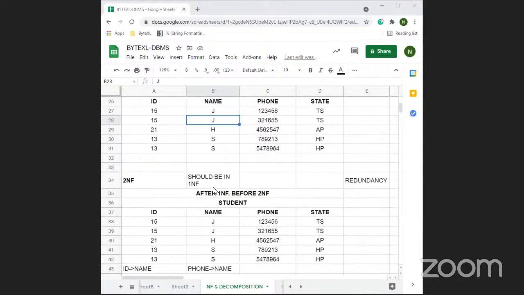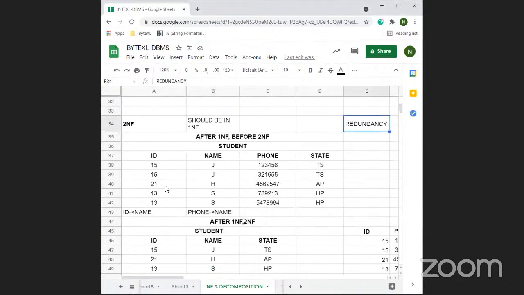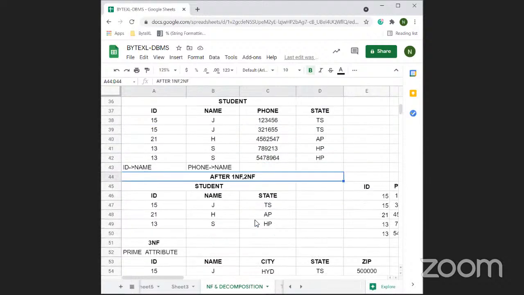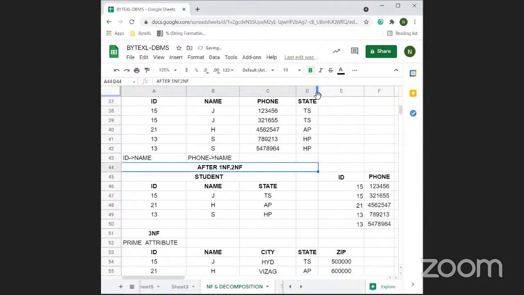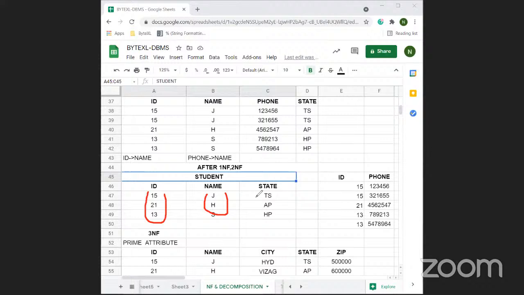So in 2NF, we are trying to remove the redundancy in the same table. After the same table, I have copied it here again. Once I am converting it to 2NF, now we are doing decomposition. That means the tables are decomposed. How am I decomposing? I'm just having the list of all the IDs, their names, their states.